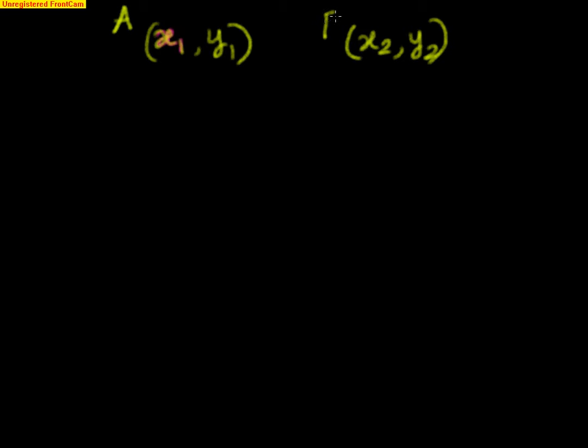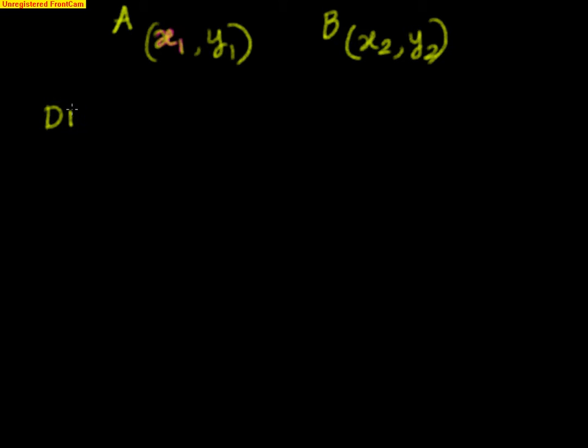Now let's see what the generic equation is. Suppose (x1, y1) and (x2, y2) are 2 points A and B with these coordinates.